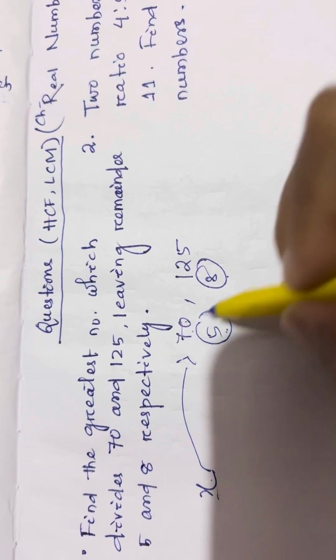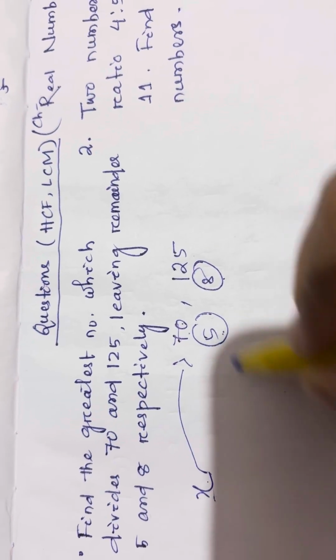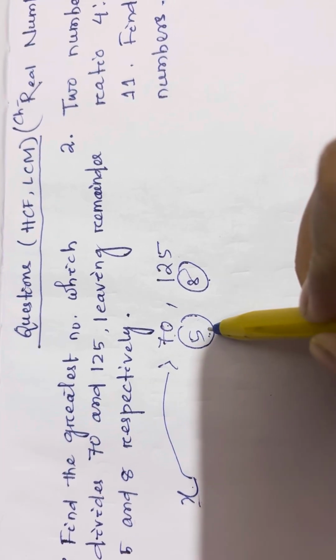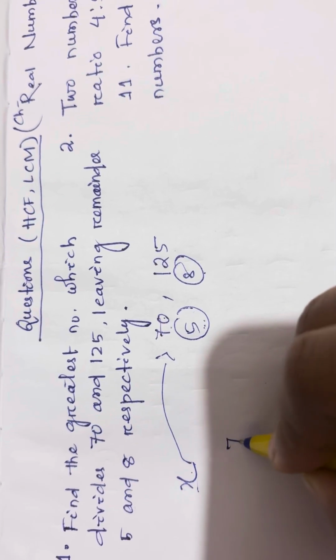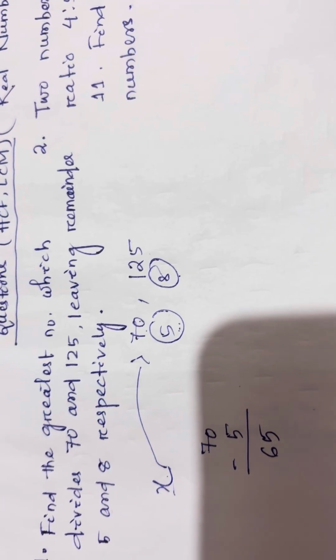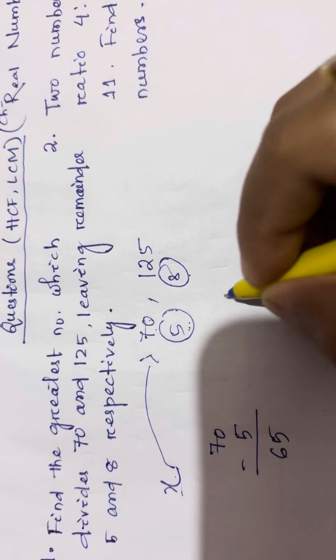If on dividing 70 it is leaving the remainder 5, that means it is dividing 70 minus 5, that is 65, exactly. It's very obvious.